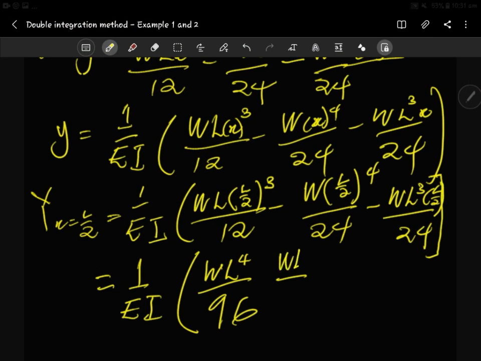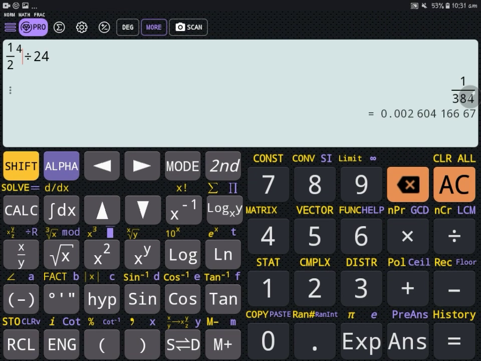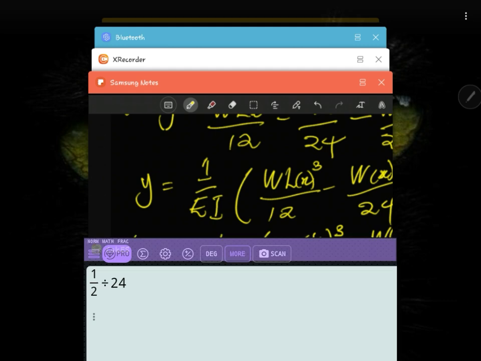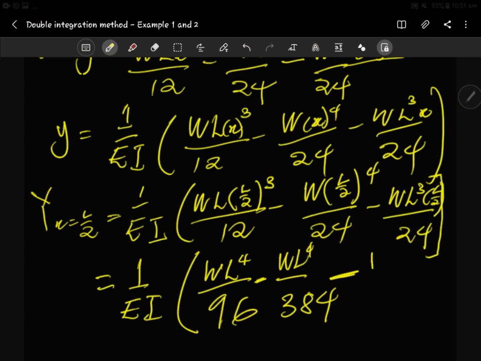We have W L to the power 4 on 96, minus W L to the power 4 on 384. Then we have just this, so just 1 on 2 divided by 24. That gives us 1 on 48. So we have W L to the power 4 on 48, right?